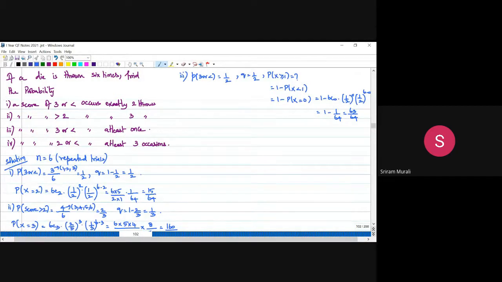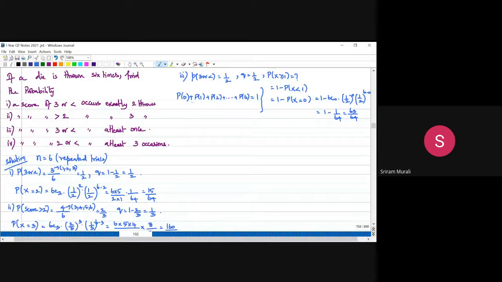Where are you not able to understand? 1 minus P of X less than 1. Why did I write that? The total probability of 0 to occur, 1 to occur, 2 to occur, till 6 times we are doing it, is equal to 1.